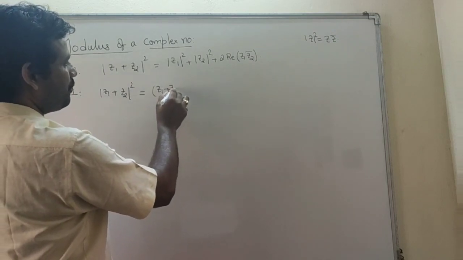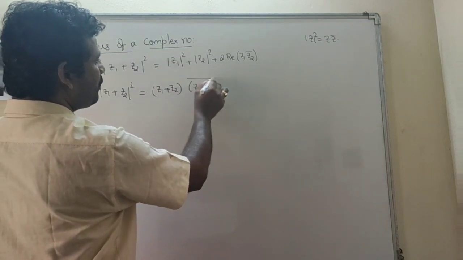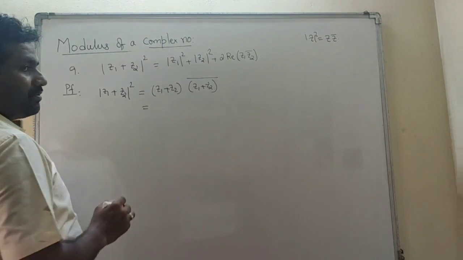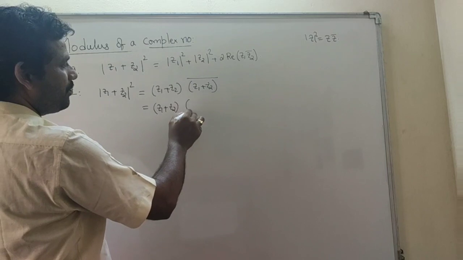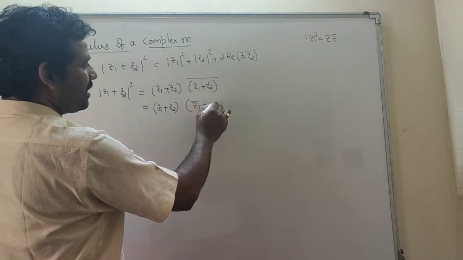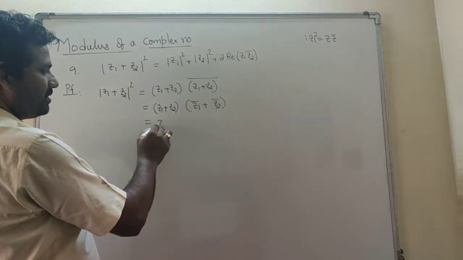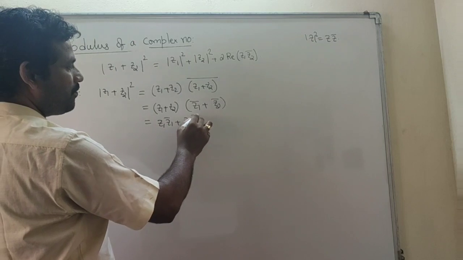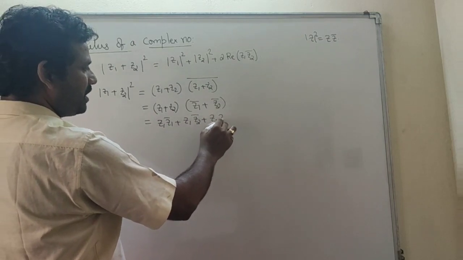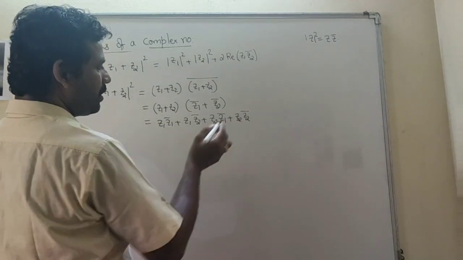So mod z square equals z z bar. z1 plus z2 into the bar of z1 plus z2 equals z1 plus z2 into z1 bar plus z2 bar. Now multiply this: z1 z1 bar plus z1 z2 bar plus z2 z1 bar plus z2 z2 bar.